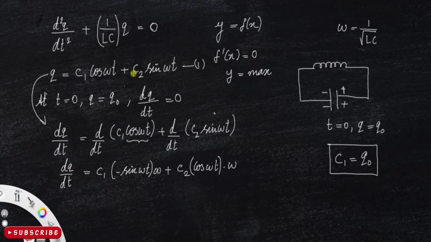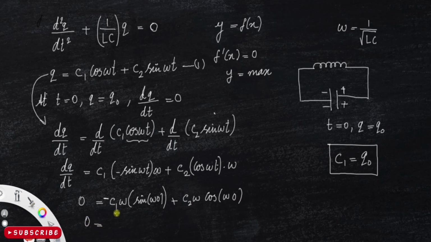But you know dq by dt is actually 0. So 0 equals minus c1 omega sin(omega t), where omega t is actually 0, plus c2 omega cos(omega into 0).